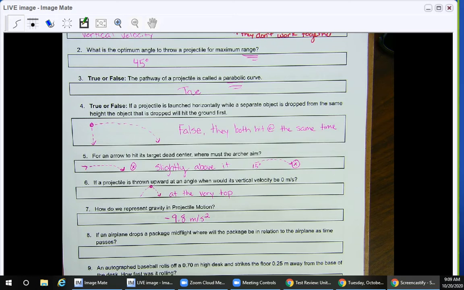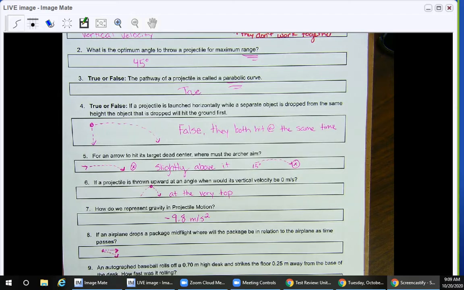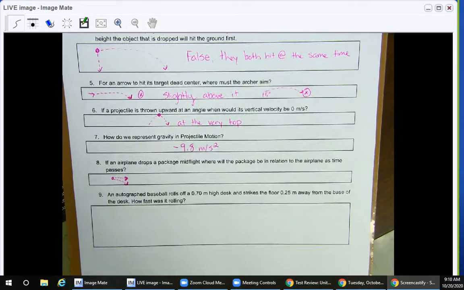If an airplane drops a package mid-flight, where would the package be in relation to the airplane as time passes? So we're talking about the same thing, an object being thrown down and an airplane flying. You only know this answer if you were really paying attention to that very first video we showed in our notes.